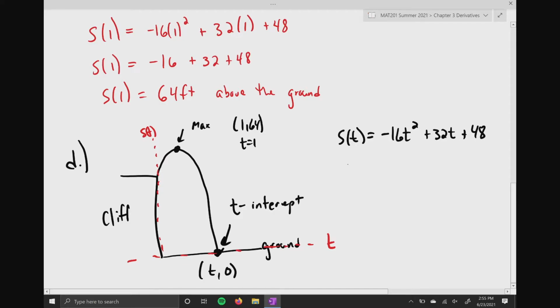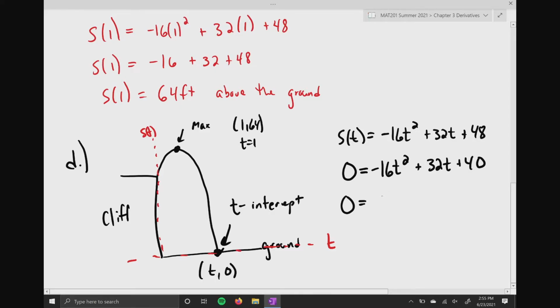So I substitute in 0 for S of t. And all I have to do is just solve this equation. There are a bunch of ways to do this. I'm going to go ahead and just factor it. Factoring it's not too tough.